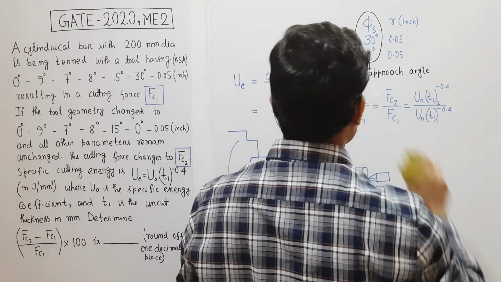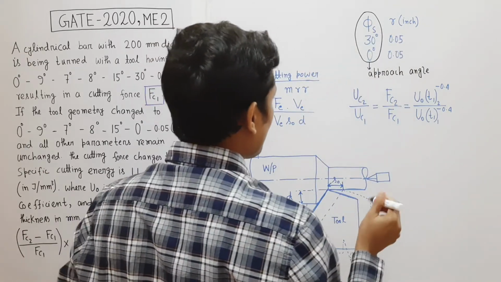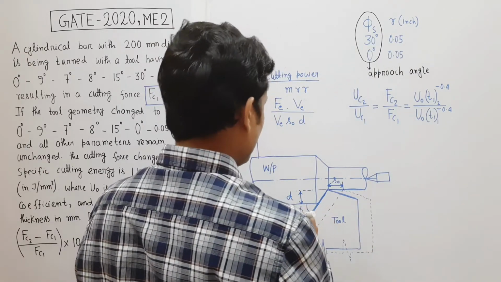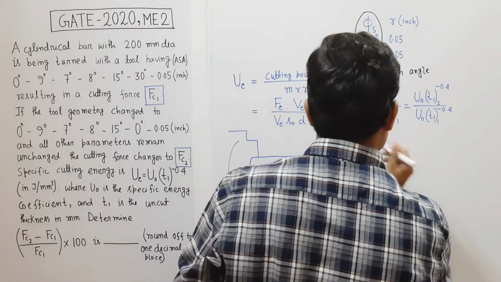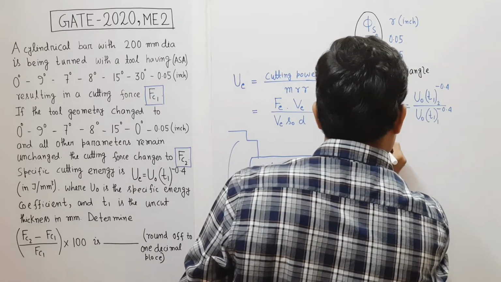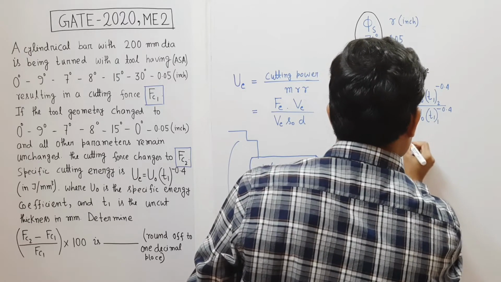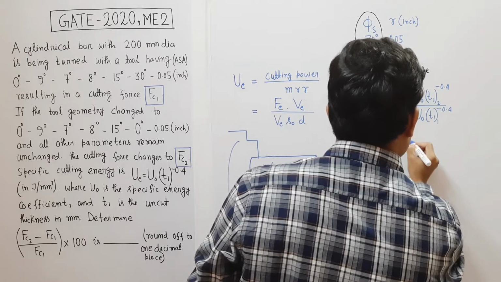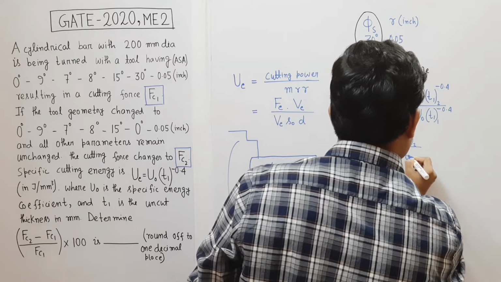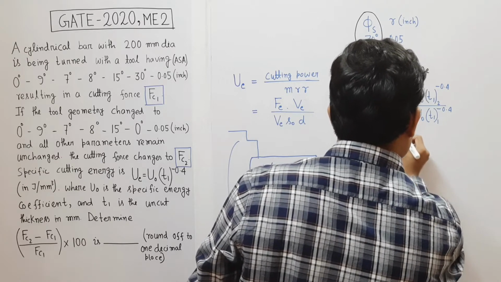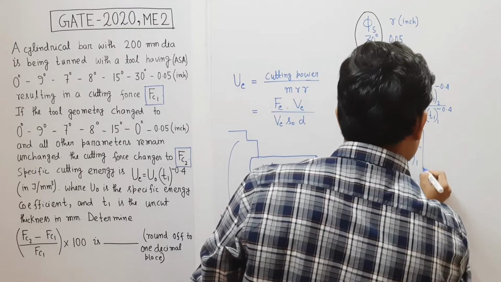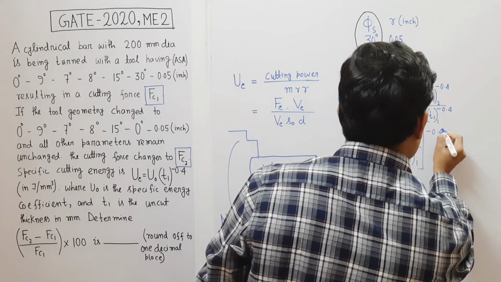So from these two, FC2 by FC1 becomes T1 2 by T1 1 to the power minus 0.4.